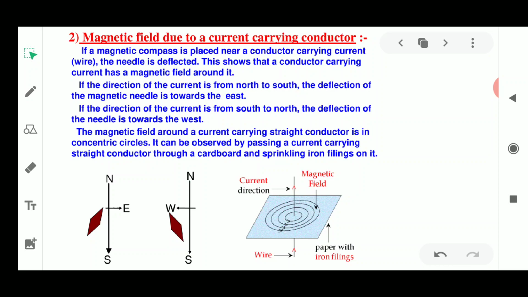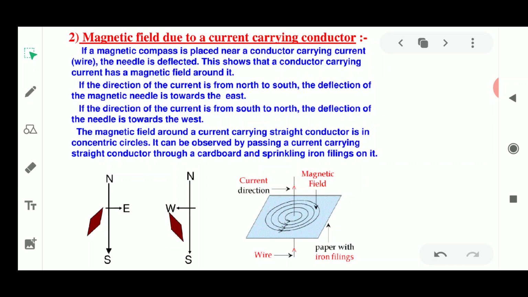You could draw these lines by performing certain experiments using a magnetic compass, which also has a magnet inside in the form of a needle. You could see the field lines around the magnet, but they are very close to each other when coming near the poles of the magnet.